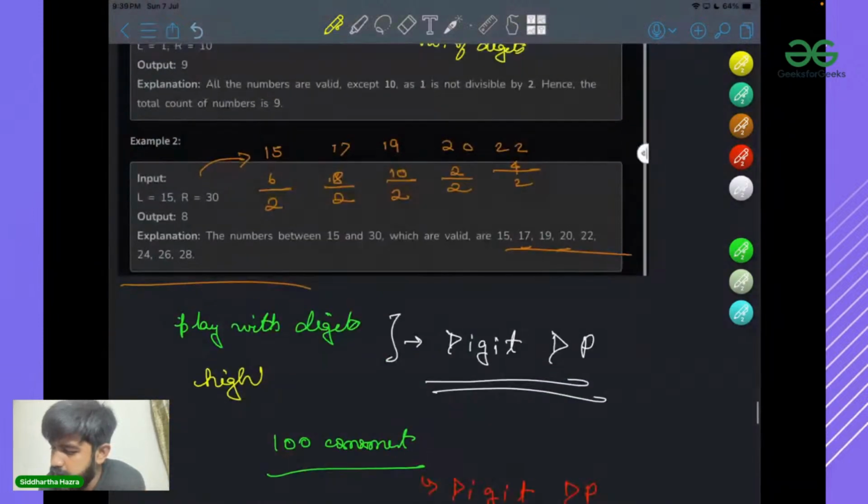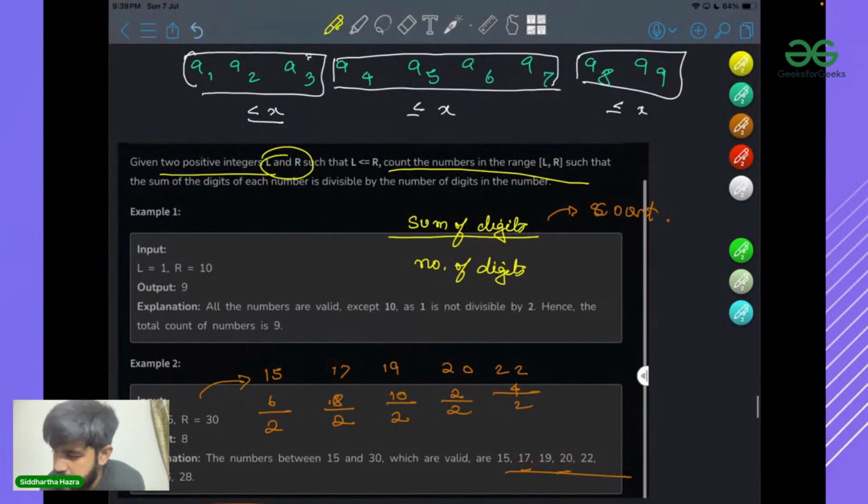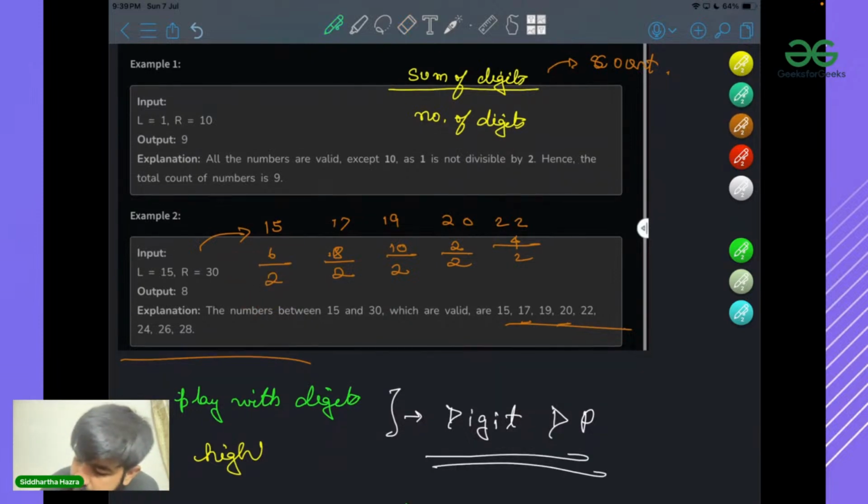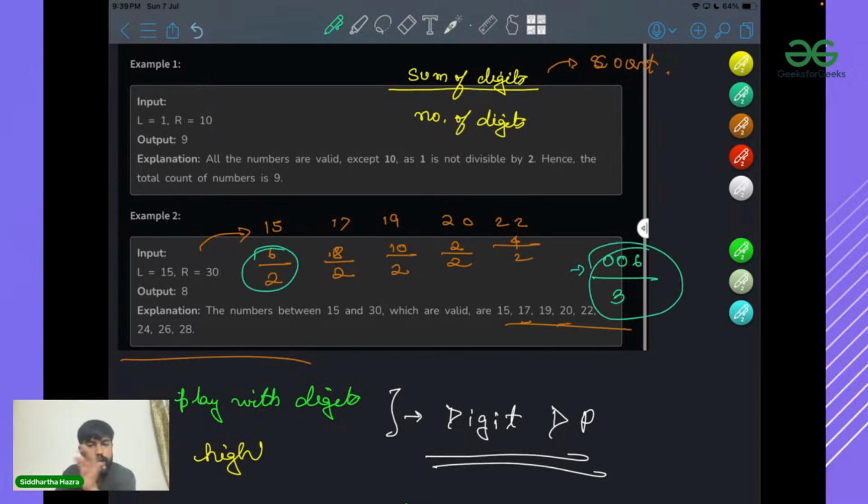Now, one more thing to notice here is that the sum of the digits only contributes when it is non-zero. Let's say I tried to build, like instead of writing 6, my program would write 006, and it would say divide by 3. And this is also valid, and so I don't want this.